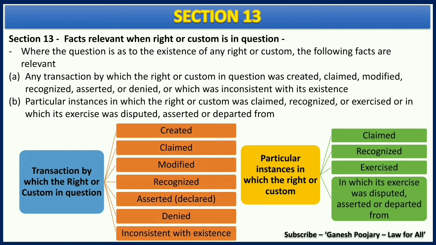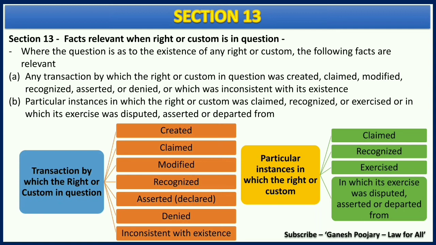Any transaction by which the right or custom in question was created, claimed, modified, recognized, asserted or denied, or which was inconsistent with its existence, and particular instances in which the right or custom was claimed, recognized or exercised, or in which its exercise was disputed, asserted or departed from.